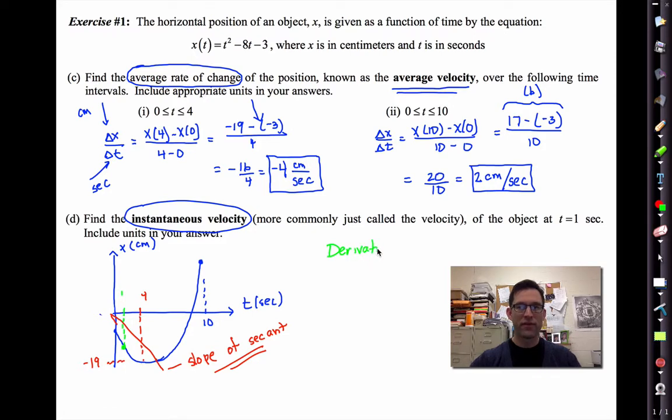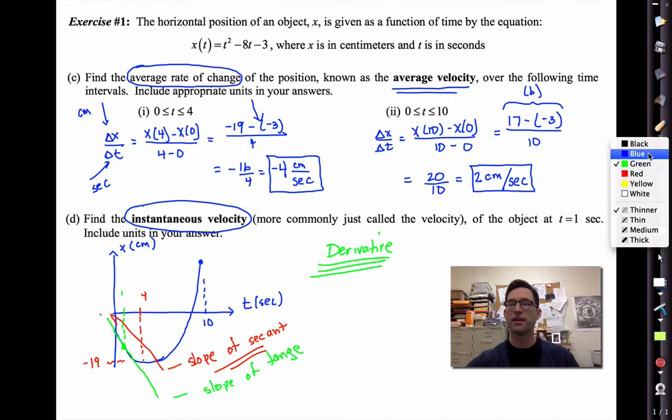It is the derivative. We'll put it in green. So the derivative, I don't have to talk about elapsed time anymore. I just have to draw a tangent line. The slope of that tangent is going to be the instantaneous velocity.